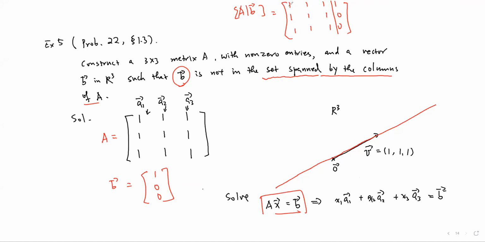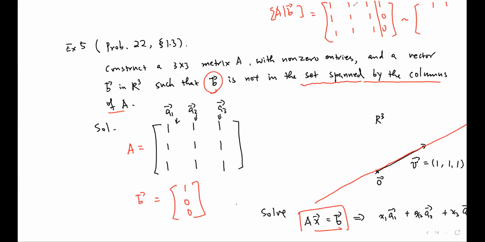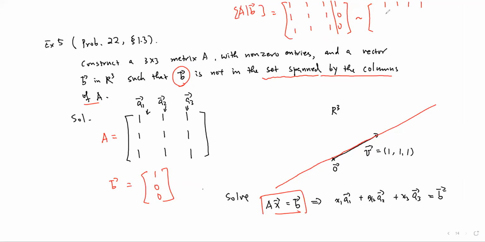Add -1 times the first row to the second row: 0, 0, 0, -1. From here, I can tell the linear system has no solution because the second row says 0 is equal to -1, impossible. So this linear system has no solution. Therefore, B is not in the span of the columns of this matrix.